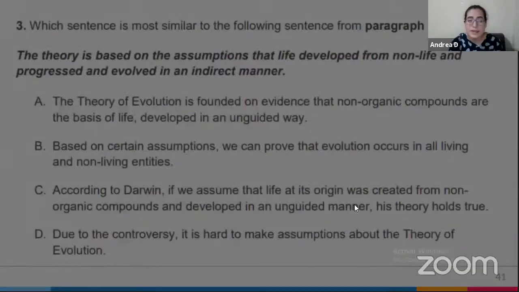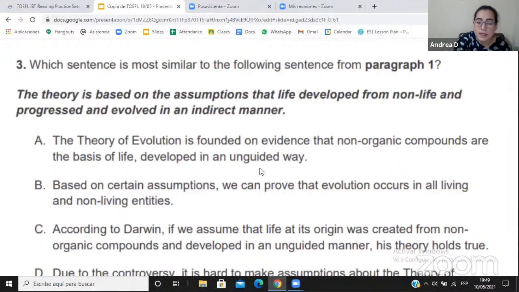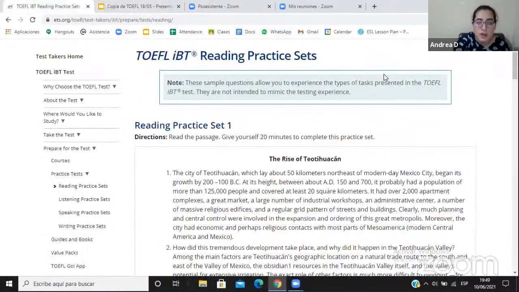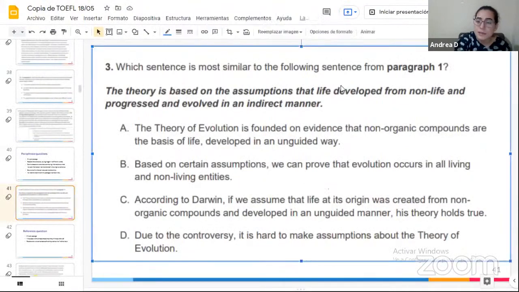Okay, so in this case, I'm sorry, I didn't find one of these questions in this sample here. It doesn't have any paraphrase questions. So we're gonna have to work with a different one, but it's okay because we don't have to read anything. So here's a question. Which sentence is most similar to the following sentence from paragraph 1?